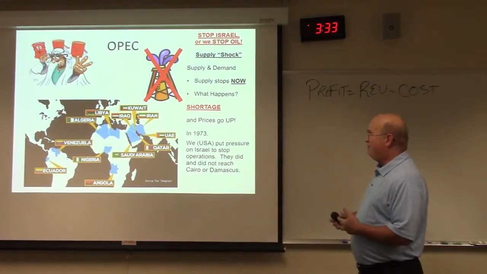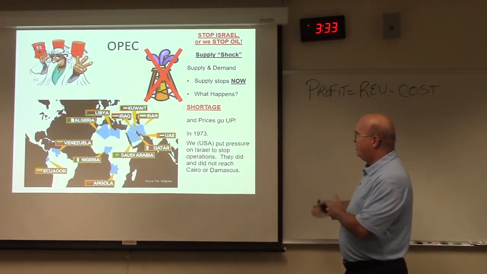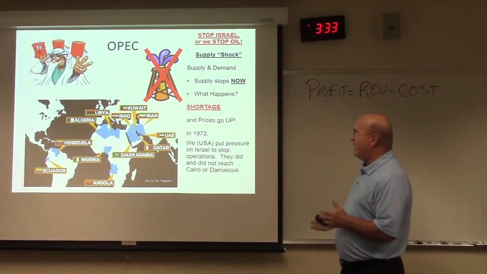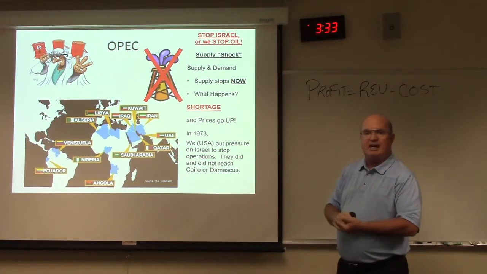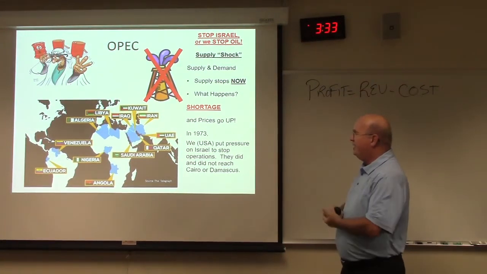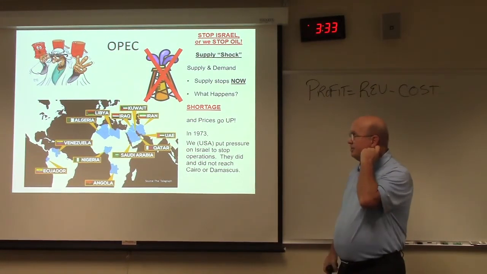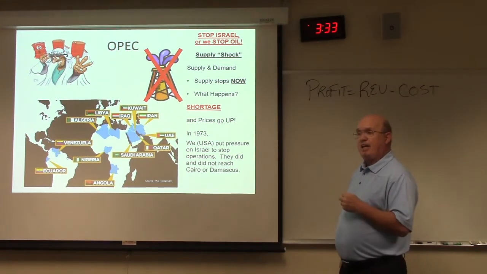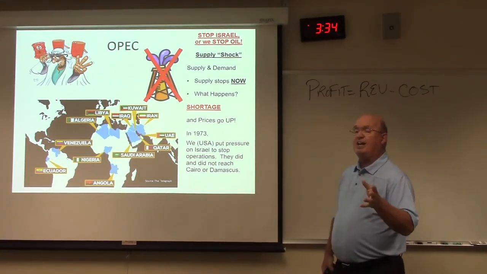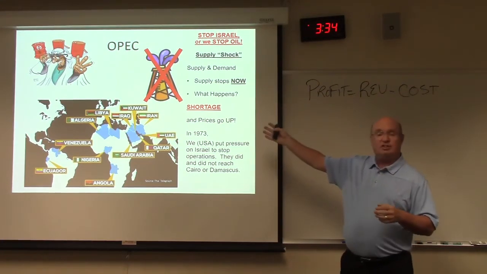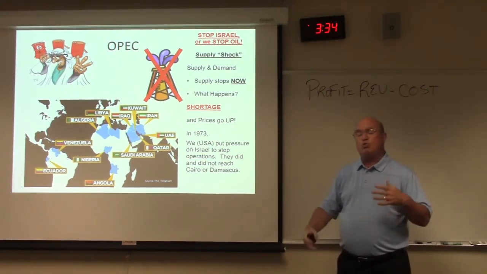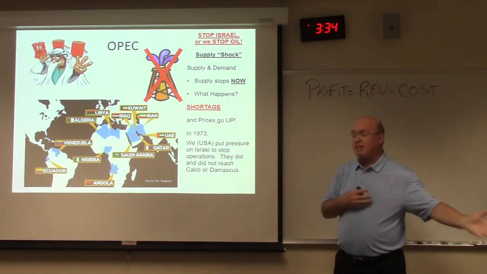So this is what happened in '73, and yes, we put pressure on Israel, and Israel stopped, but this was an oil shock that decided political adventures. Now, today the same thing can happen, because of China, not the Sauds anymore, or OPEC, because we're energy independent. We are actually exporting energy.